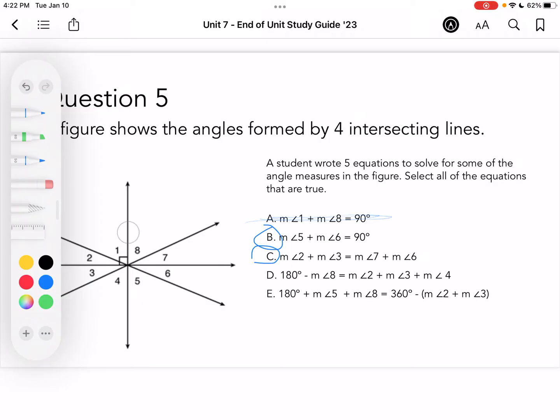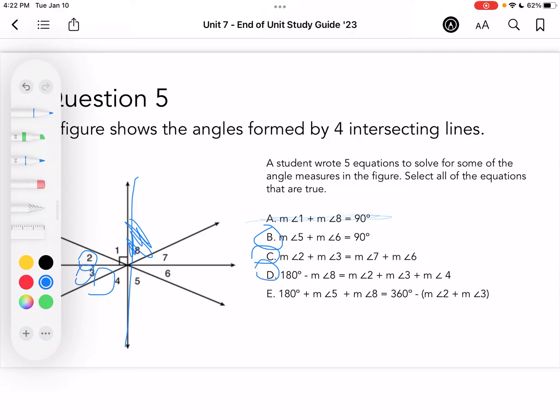So this straight line minus this is equal to angles 2, 3, and 4. I agree because that's 180 minus angle 1. I agree that would work.